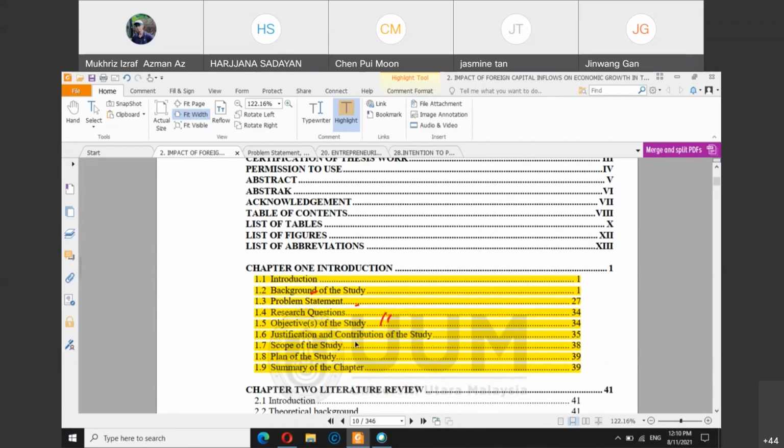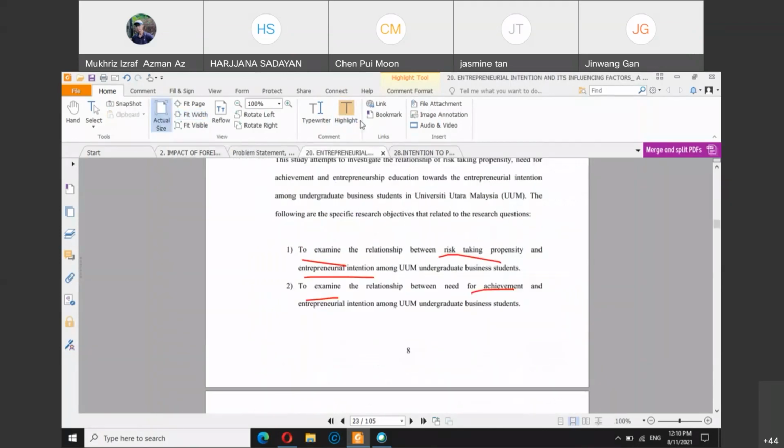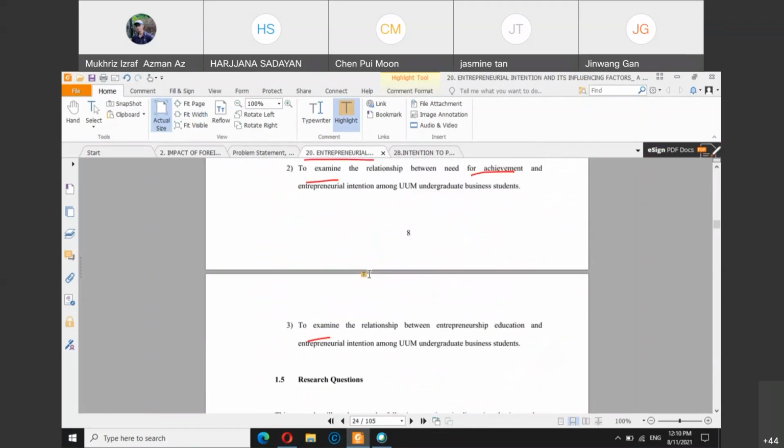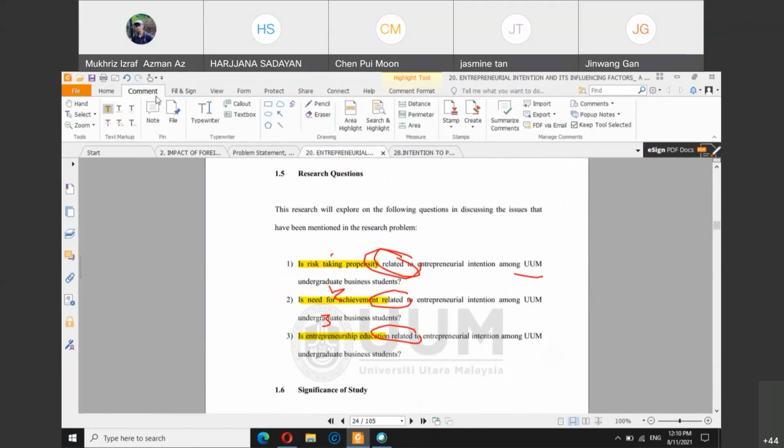The issue that many students are not able to do correctly is this. For example, in this particular thesis about entrepreneurial intention, we have 3 questions that the student wants to ask.